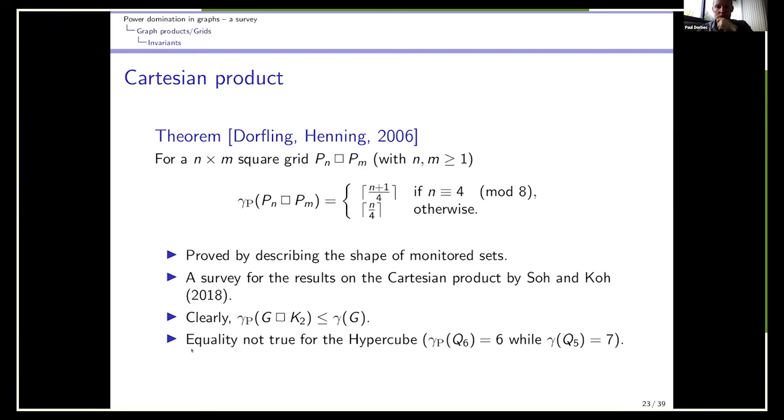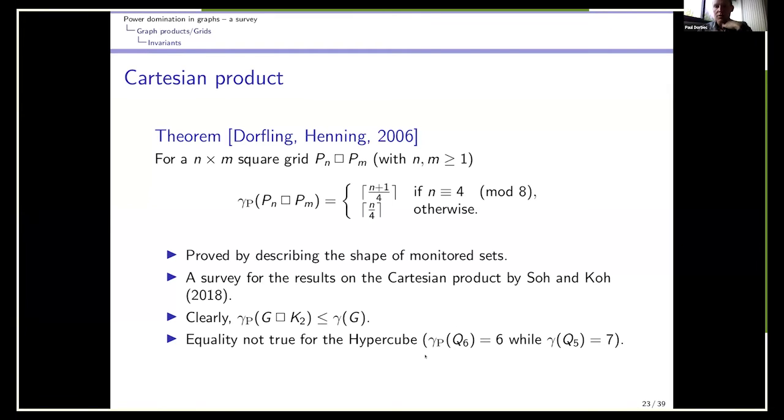The hypercube is a Cartesian product of K2s, and it's also a nice question because of the domination number.